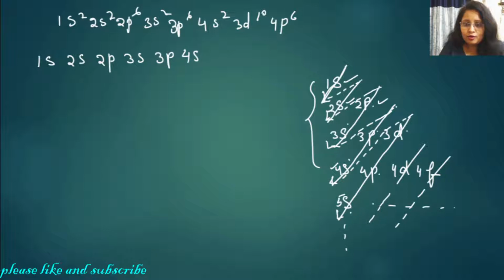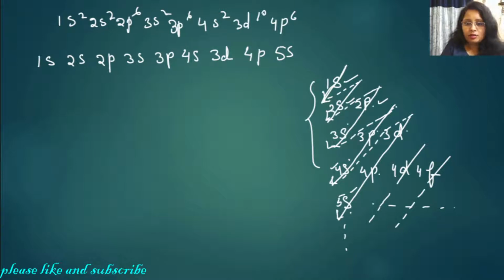After 4s, what will come? The arrow will move here in the dotted way to 3d. Then 3d will come, and after that 4p. And if more electrons are there, then it will go to 5s. After 4p, 5s will come, and so on the configuration will go on.